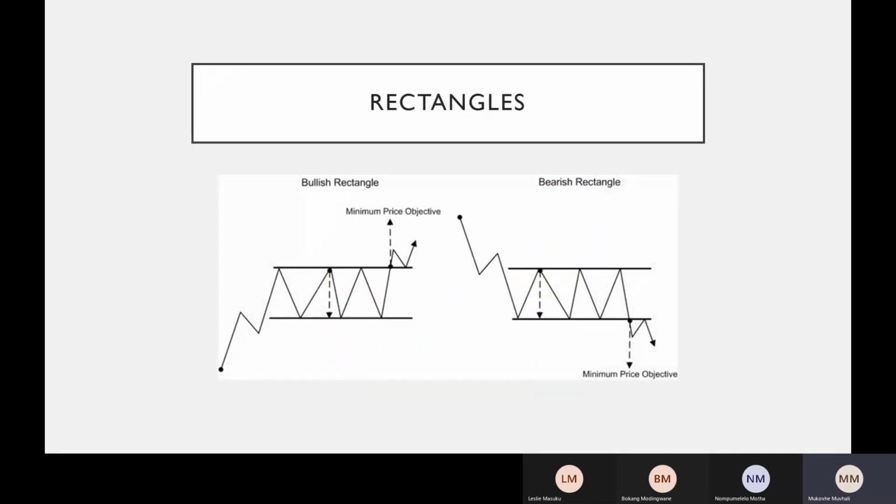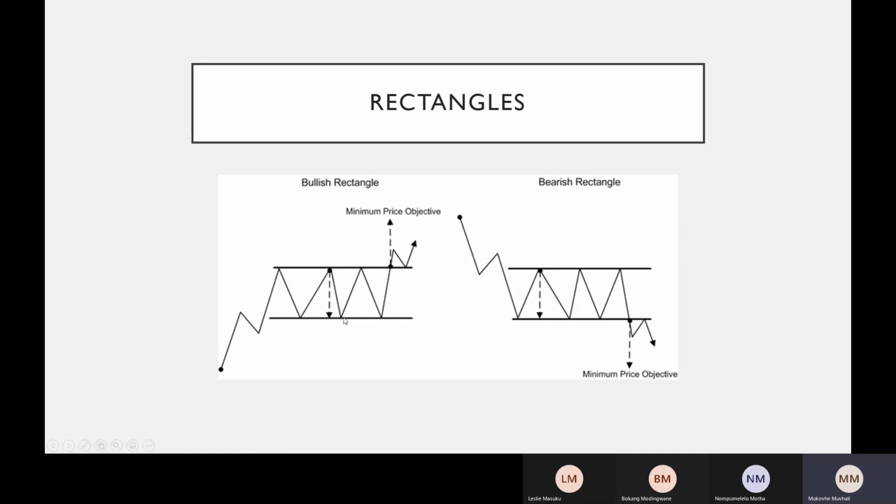We have these rectangles. You can call them rectangles or you can call them channels. With the channels, you have the market consolidating over a certain range of price. So you have a lower bound and an upper bound region. You have this lower bound that the market, when it trends, bounces off.